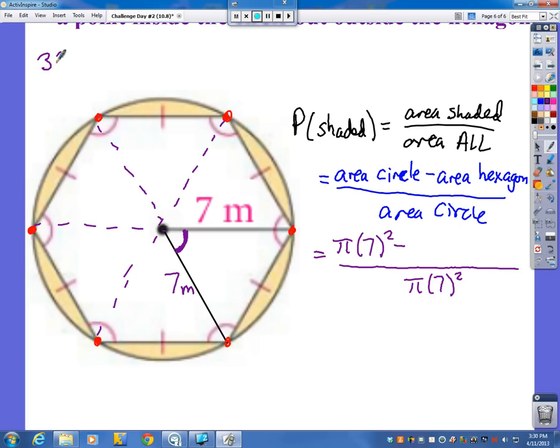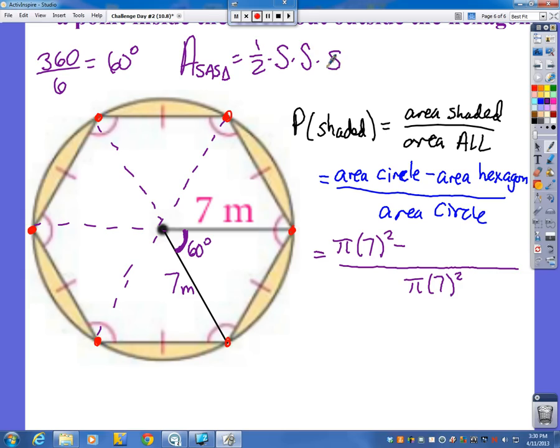So this is where we took 360 degrees going all the way around the center and divided it by 6 equal regions. So each angle is 60 degrees. So here again is our side angle side. And that formula, if you have forgotten, the area of a side angle side triangle was 1/2 side times side times sine of the angle.